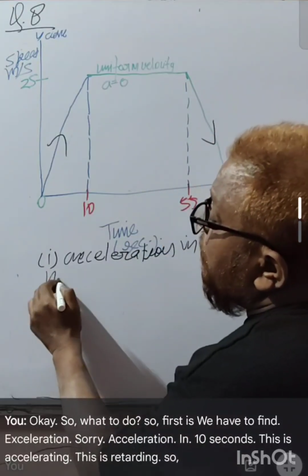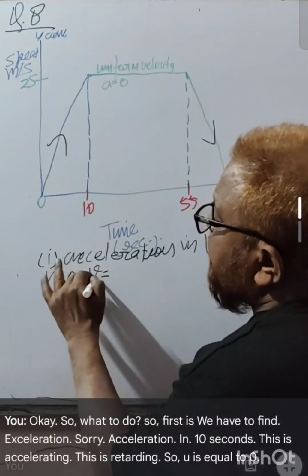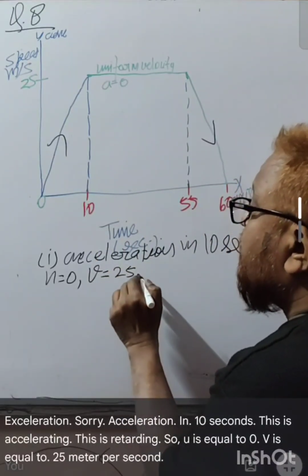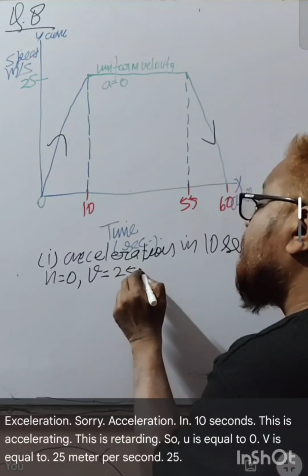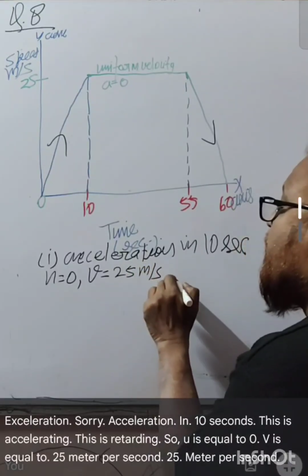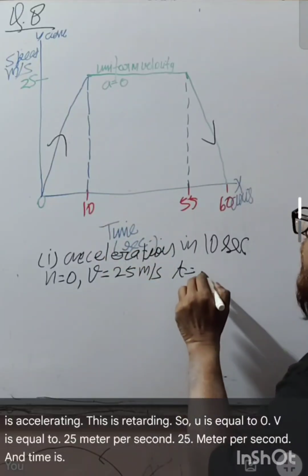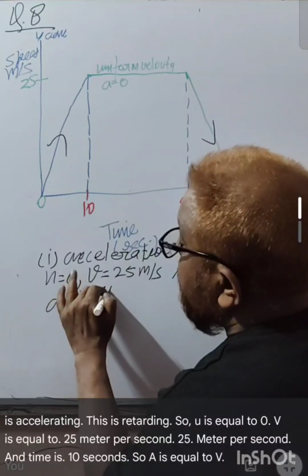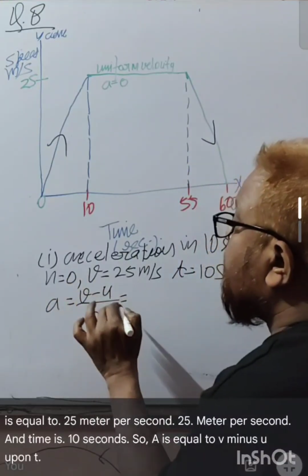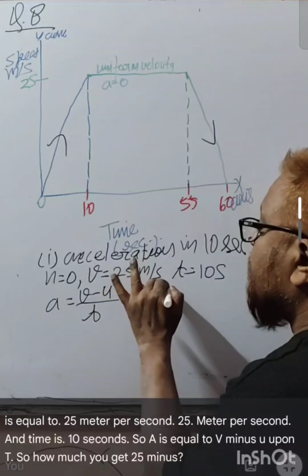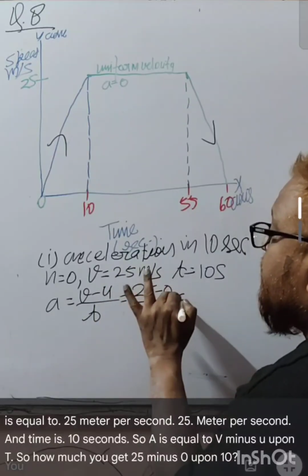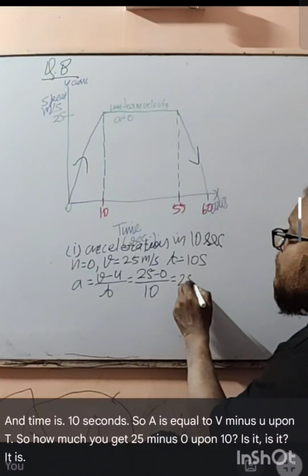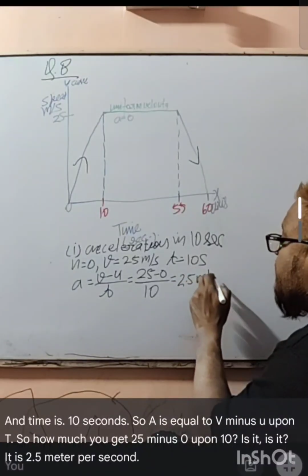So u is equal to 0, v is equal to 25 meter per second, and time is 10 seconds. So a is equal to v minus u upon t. So how much do you get? 25 minus 0 upon 10. It is 2.5 meter per second square.